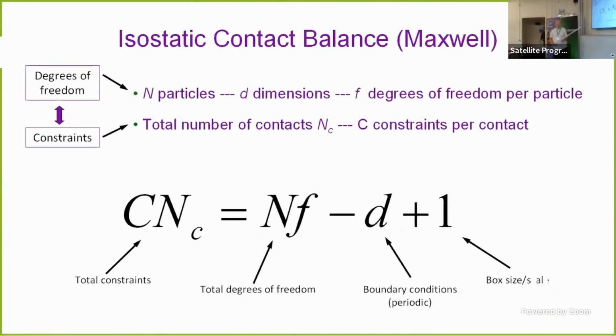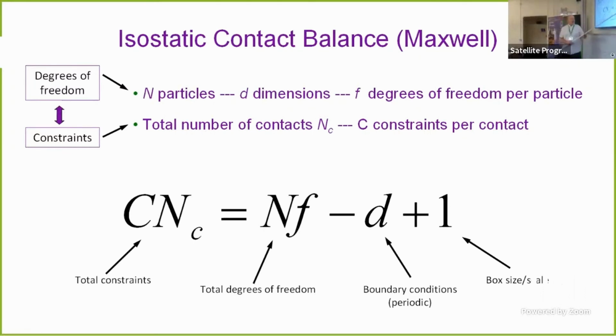Okay, so just to recap what we think happens at jamming, and this is only right at jamming. There's a condition right at jamming, basically due to Maxwell. Well, he wasn't thinking about jamming, he was thinking about bars and struts and the stability of those things, but it works out to be the same thing. We can just count up all the degrees of freedom in the problem, and we say there has to be a constraint for every degree of freedom in the problem.